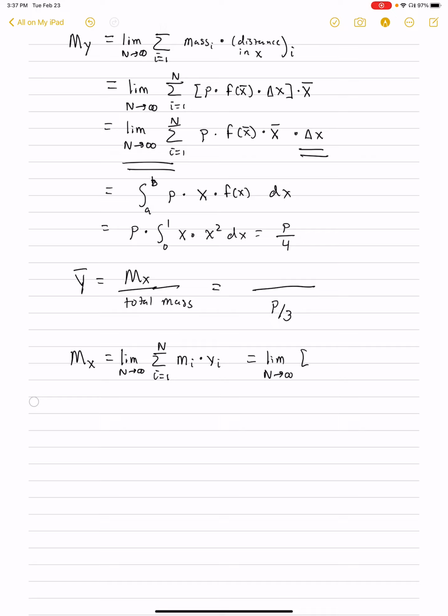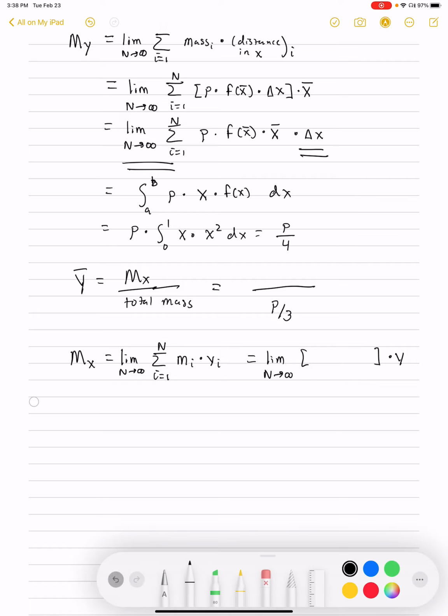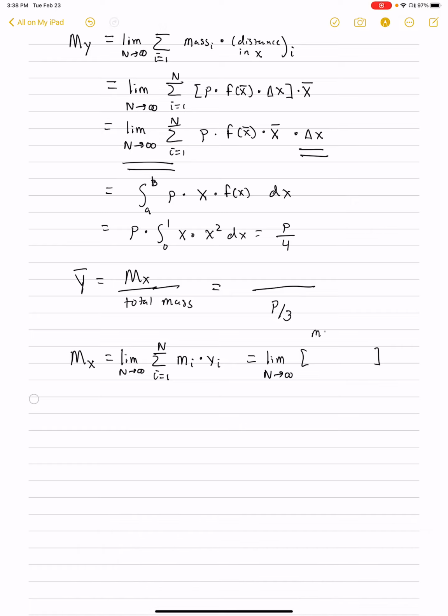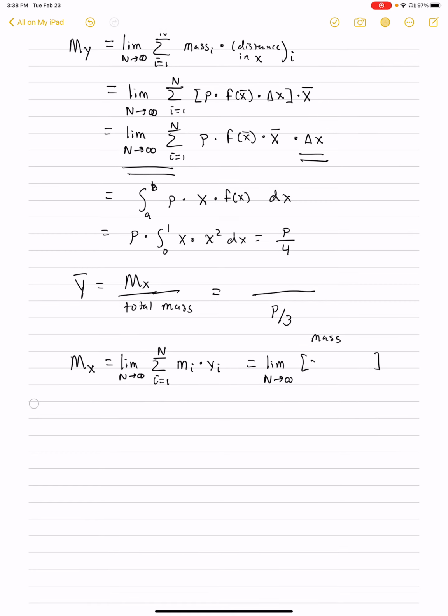The mass here, the mass we've already calculated, is going to be rho times f of x, the height of that rectangle, times its width.